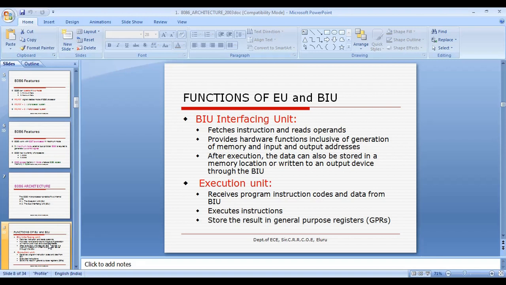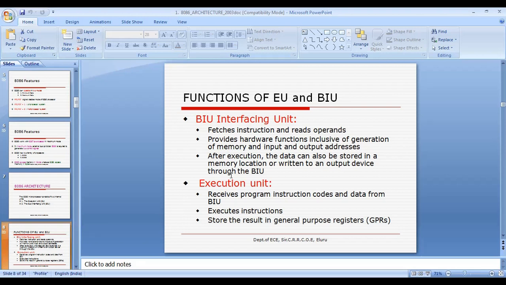So the bus interfacing unit fetches the instruction codes and data from the memory, and the results are sent to the memory location or to the output device. The execution unit executes instructions and stores the results in the general purpose registers.